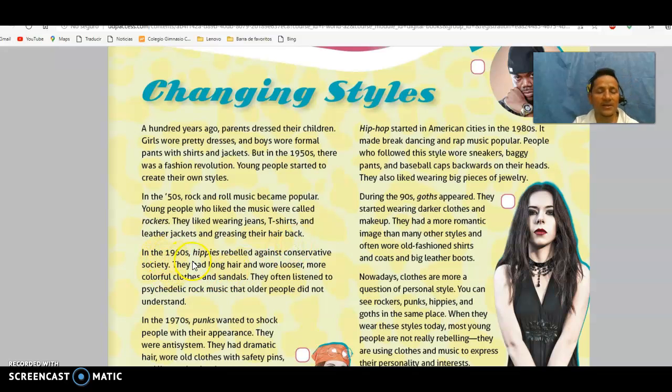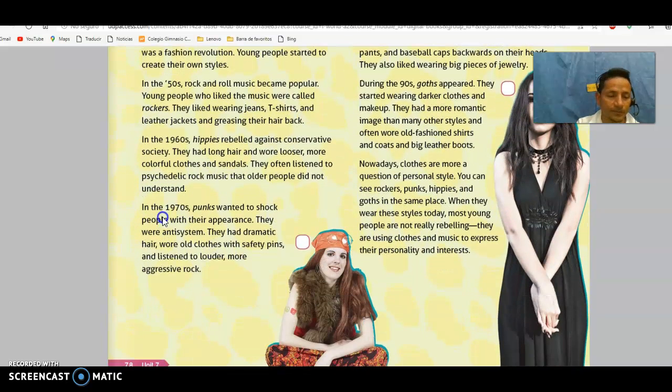In the 1960s, hippies rebelled against conservative society. They had long hair and wore looser, more colorful clothes and sandals. They often listened to psychedelic rock music that older people did not understand.